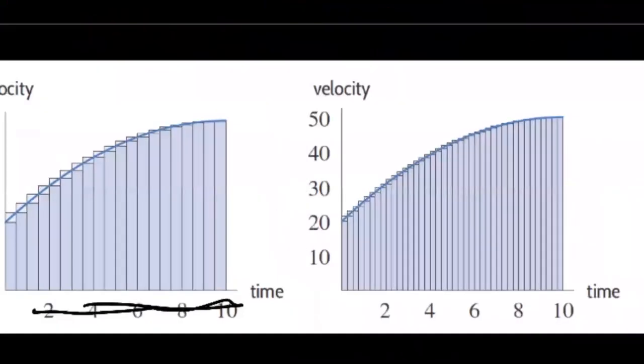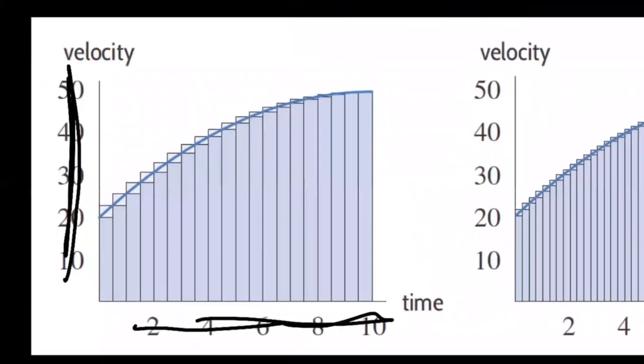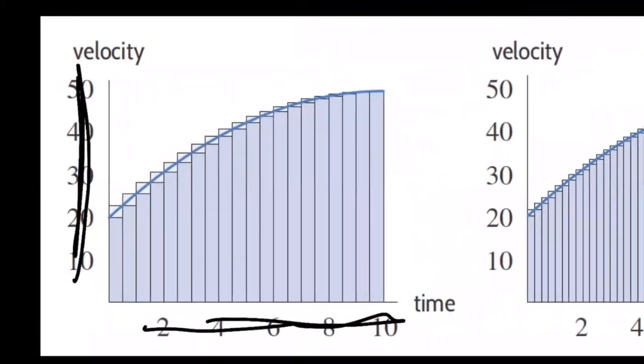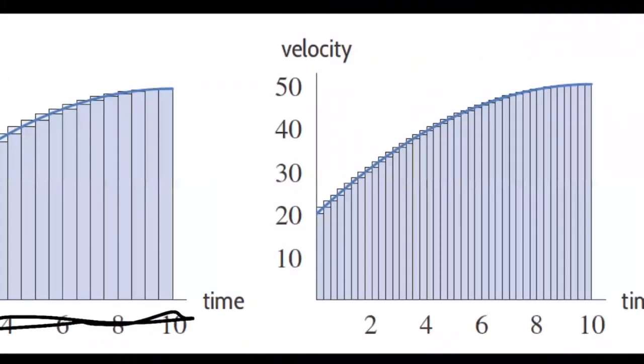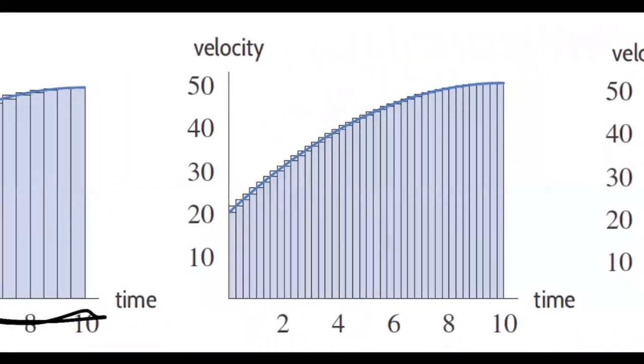This is with a certain number of rectangles. You can actually see the left and the right sums here. The slightly darker rectangles are the left sums, and the lighter ones that go over are the right sums. And this is even more and more rectangles, but first off, it's giving you a better estimate of the distance traveled, and it's giving you the area under the curve.